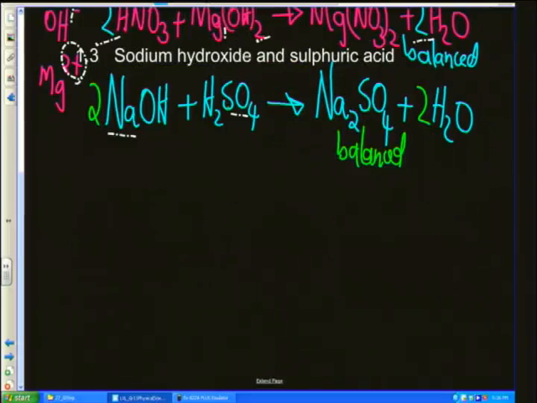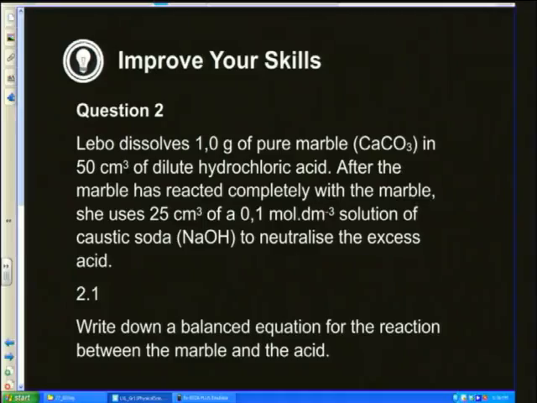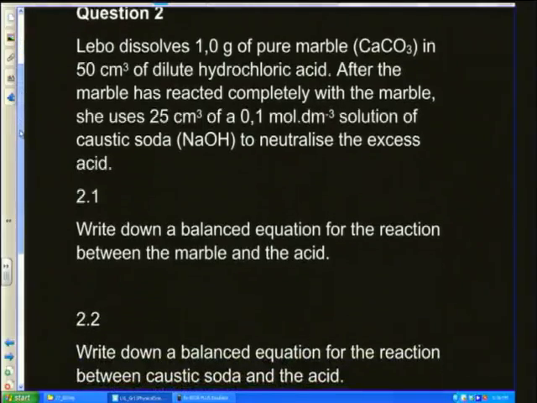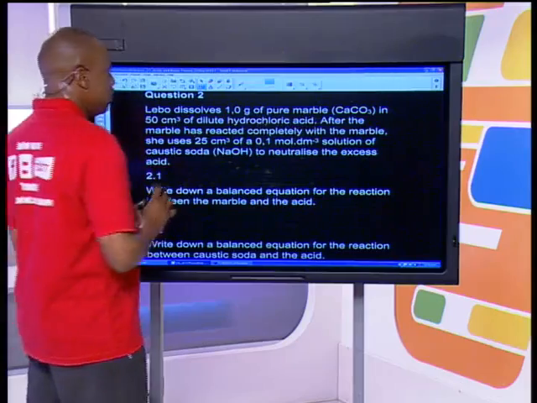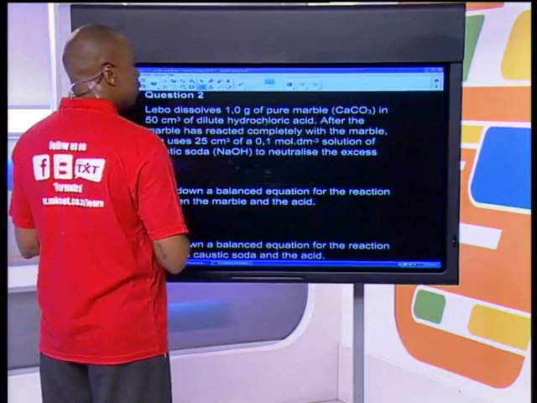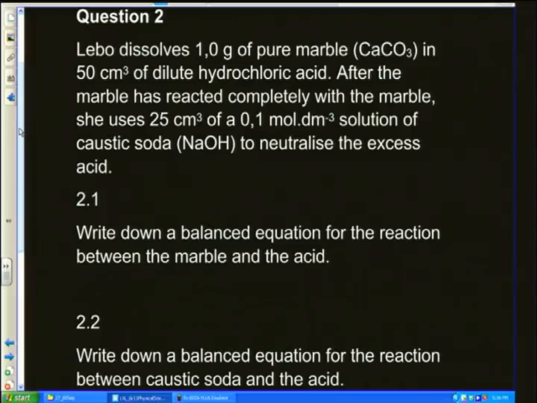Okay, right. Moving on, question number 2. Lebu dissolves 1 gram of pure marble in 50 cubic centimeters of dilute hydrochloric acid. After the marble has reacted completely with the acid.